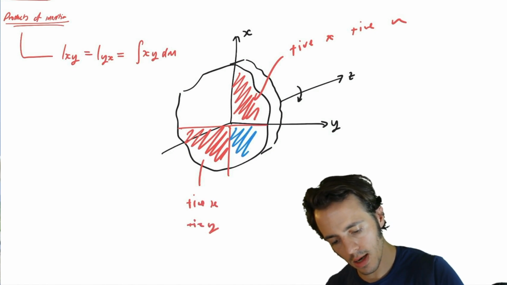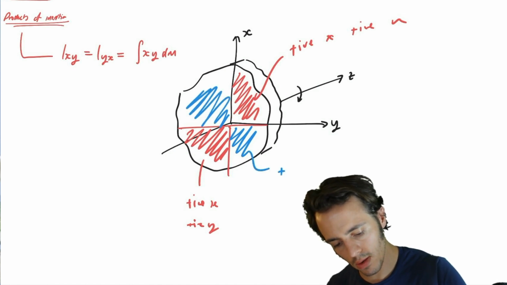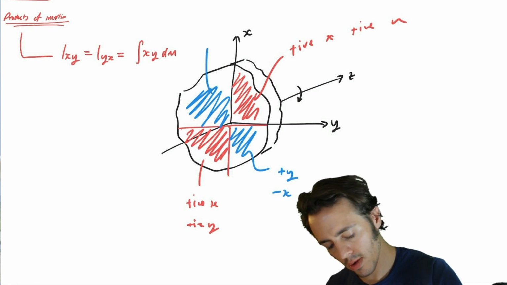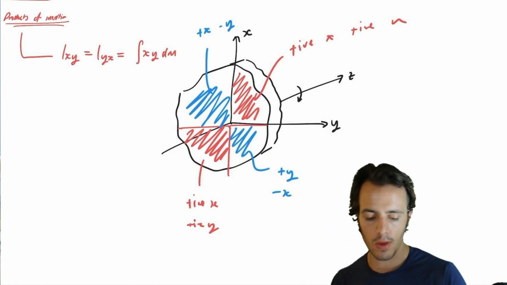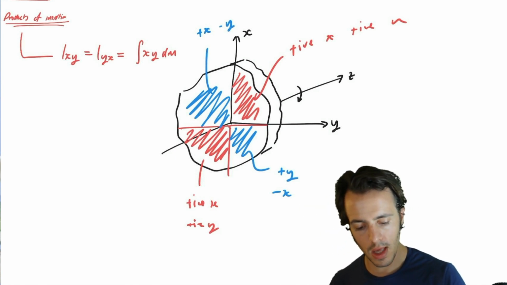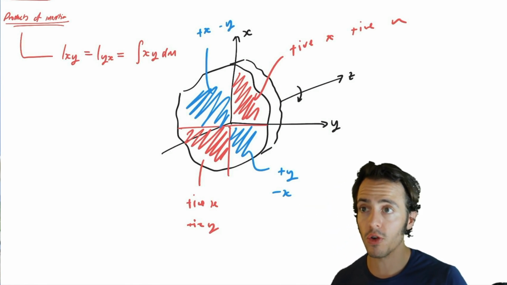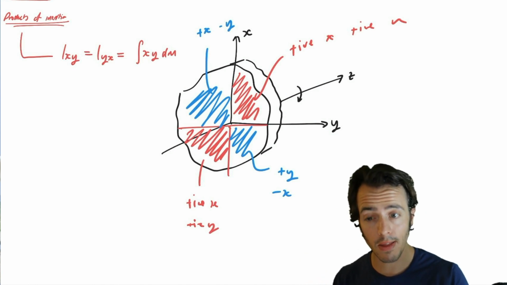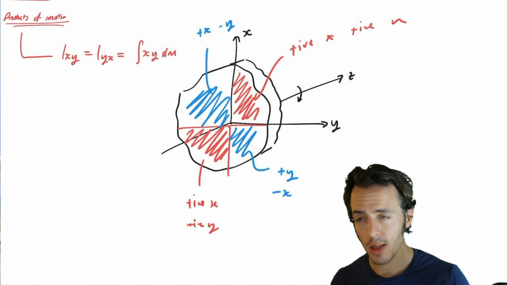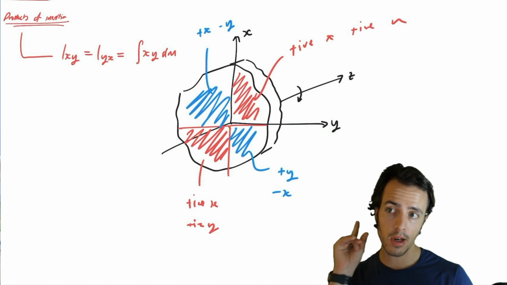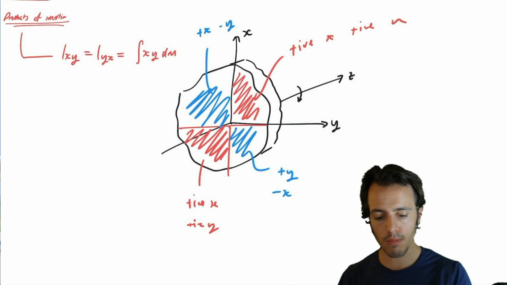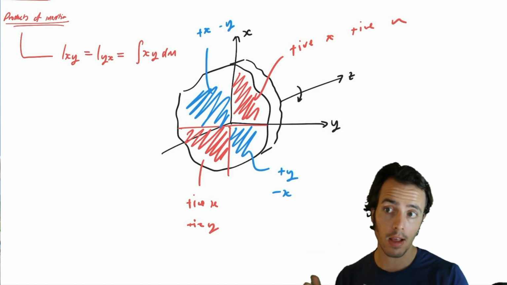And then here it'd have the same sign because over here I've got positive y, minus x, and over here I've got positive x and minus y. So these would be negative and these would be positive contributions, but they'd probably just about cancel each other out. So this would have a low-ish product of inertia Ixy.